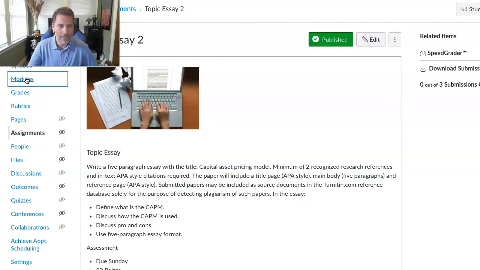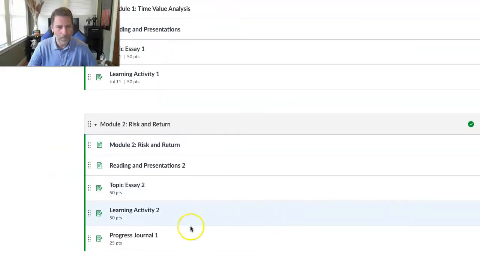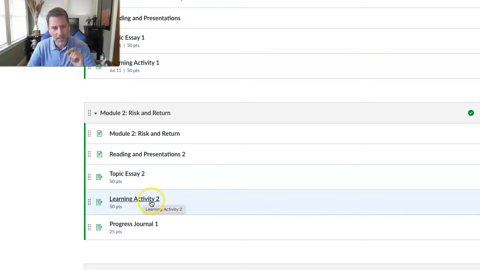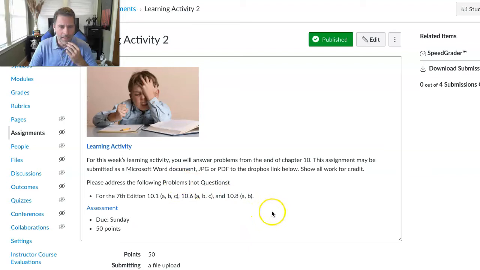Let's go back into what we're doing for Module 2. So I gave you the overview of those topic essays, learning activity. So this week we are, and if any of you have the 6th edition out there, there's a 7th and a 6th, obviously, in this textbook.